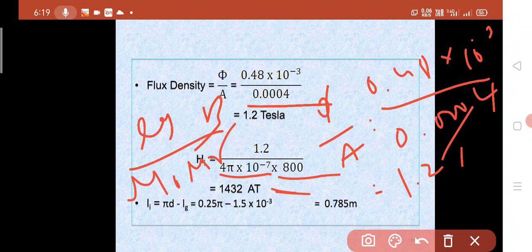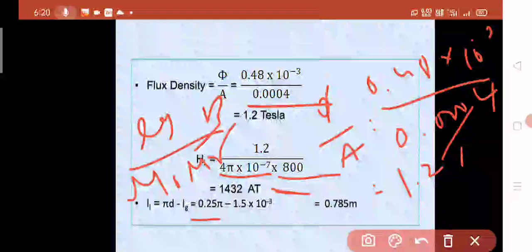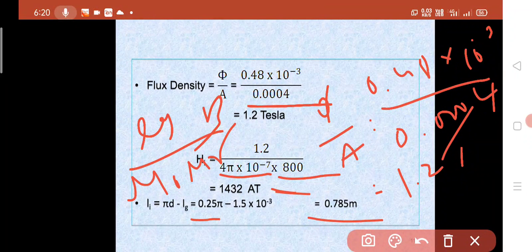And Li is equal to pi D minus Lg. So D is 0.25 minus Lg 1.5 into 10 to the power of minus 3, which is 0.785 meters.